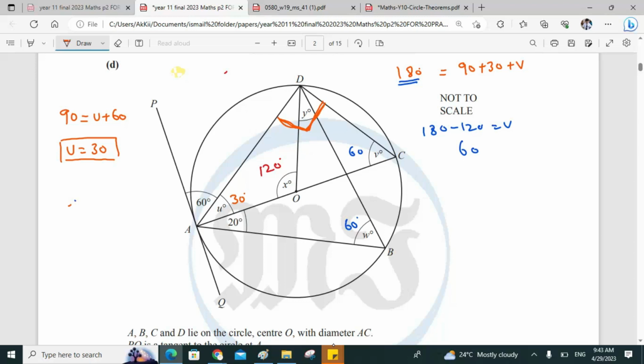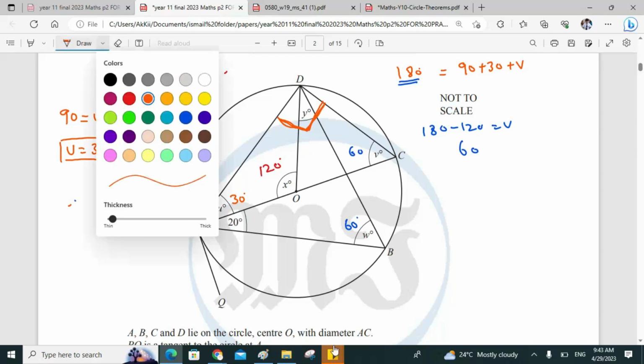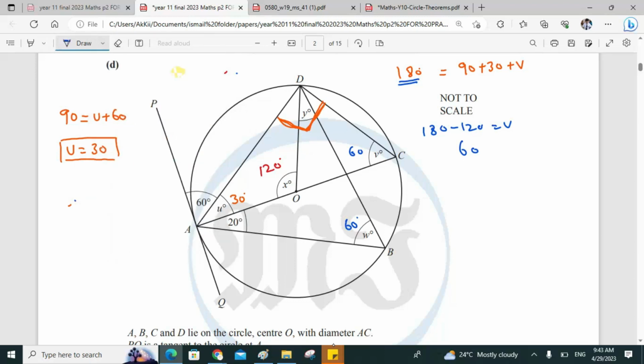By the way, if you see this triangle, this triangle is an isosceles triangle, right? So for this isosceles triangle, this is 30 degree, so this is also 30 degree, because these two sides are equal to each other, they are radius of the same circle. So when you add them up together, this becomes 120 degree. This is clear to you as well.